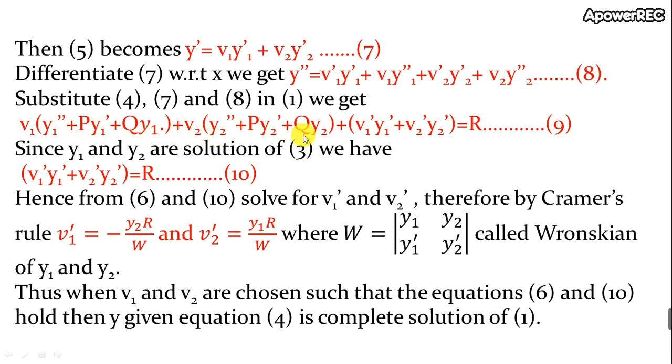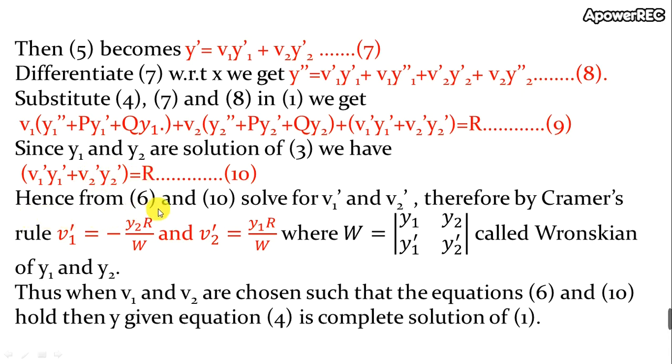Similarly, this sum also becomes 0. Hence, we get y1 dash into v1 dash plus v2 dash into y2 dash is equal to capital R.